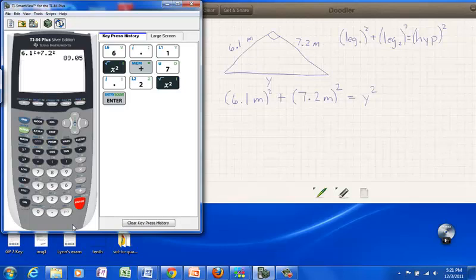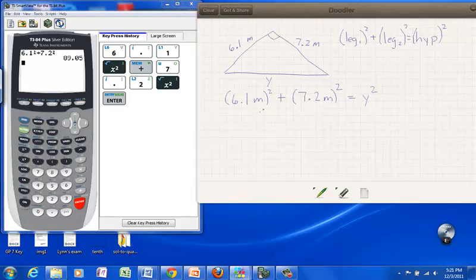The result is 89.05 meters squared. Since I don't know what y is yet, I don't want to round that number off. To solve for y now, we know that we need to take the square root of this side.